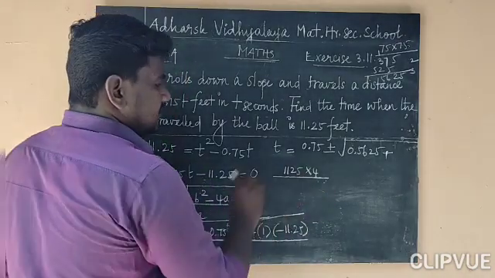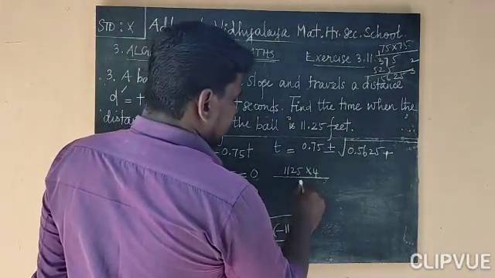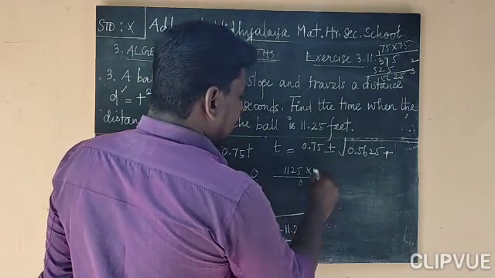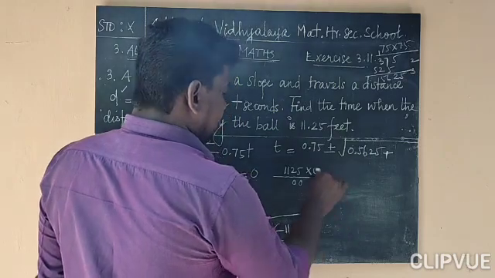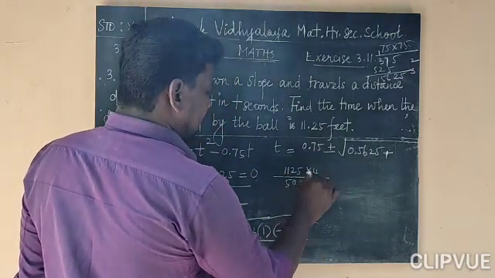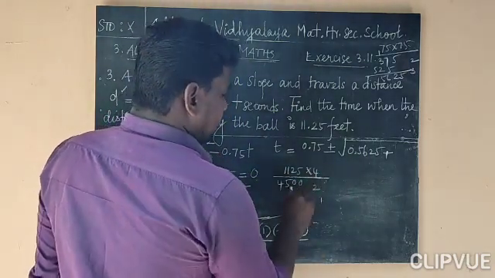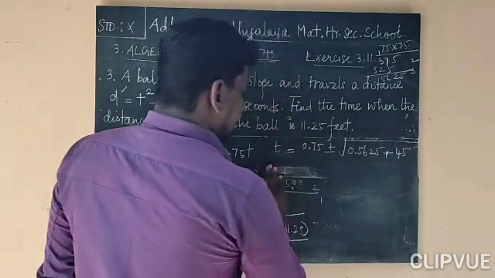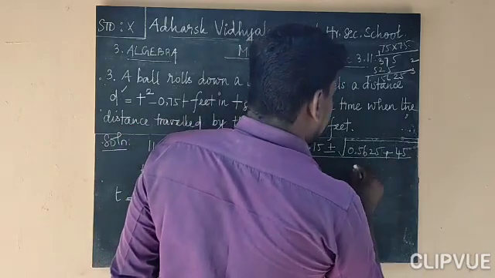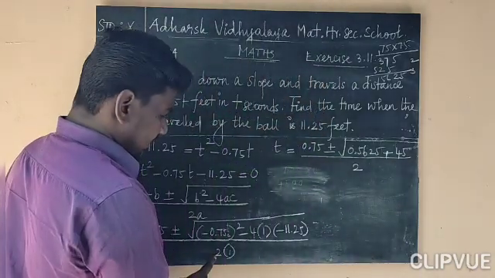When you multiply this, you get 4 into 5, 20, remaining 2, 4 into 2, 8, 10, remaining 1, 4 ones are 4, 5. So it becomes 45, divided by 2.